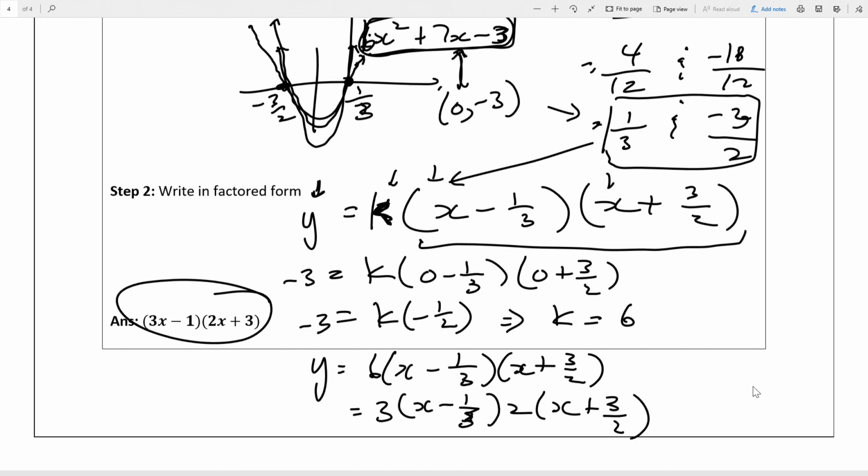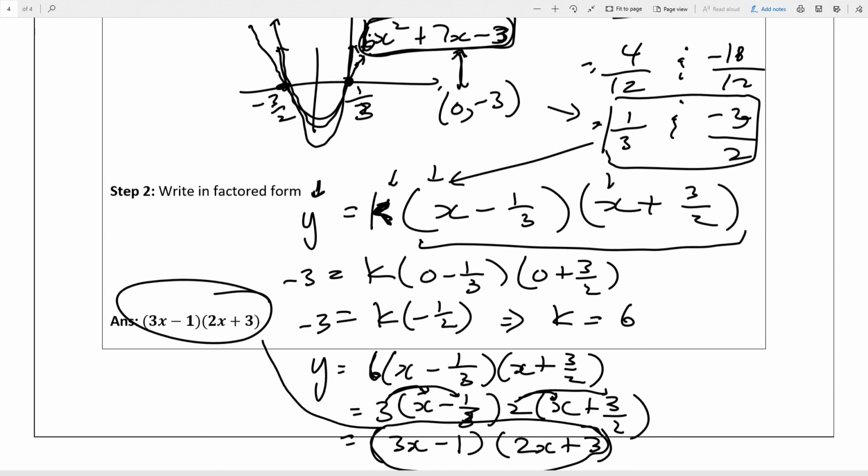Okay, so I decomposed 6 into 3 times 2 is 6. And then what we're going to do is multiply the 3 into these, and we'll get the same thing. So that's 3x minus 1 and 2x plus 3, because 2 times 3 over 2 is 3. And now you can see that it's exactly the same as our original factored form.